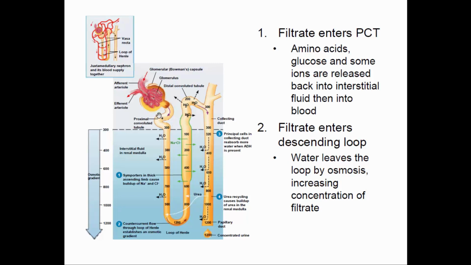And so as filtrate enters the proximal convoluted tubule, the amino acids, the glucose, and some ions are released back into interstitial fluid and then reabsorbed back into the bloodstream. Then as the filtrate enters the descending limb of the loop, water is going to leave the loop by osmosis, increasing the concentration of the filtrate. So you can see water leaving.